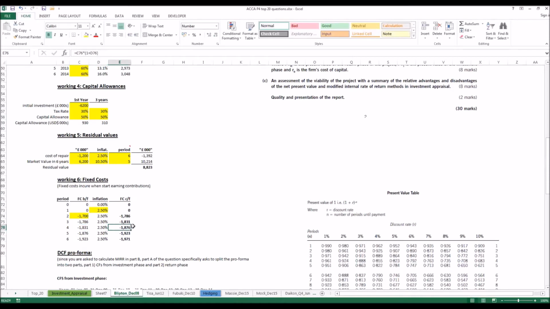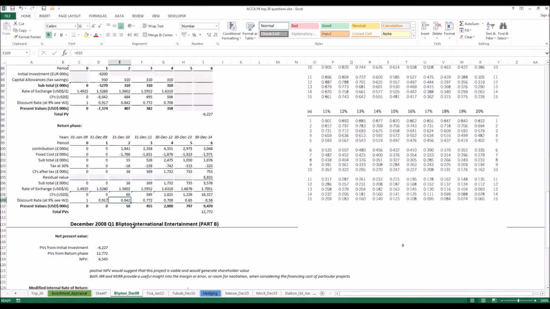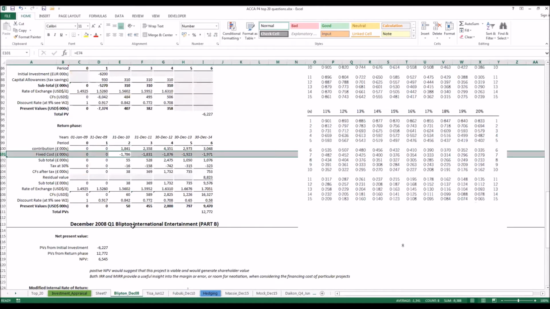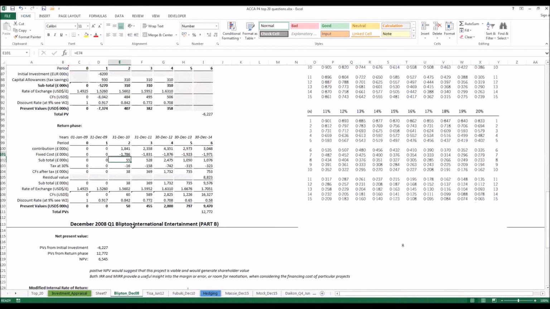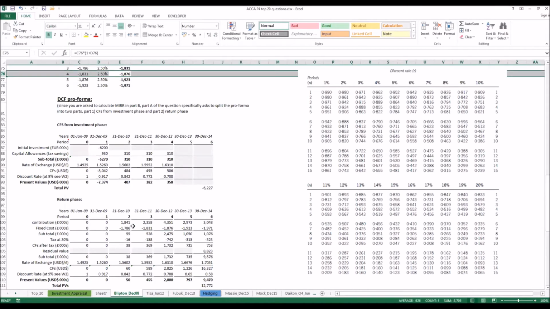We're told that 2.5% remains constant year on year. And so every year the fixed cost is inflated. And this is then allocated to the fixed cost section in the pro forma. 1.83, 1.83, 1.876, 1.876.